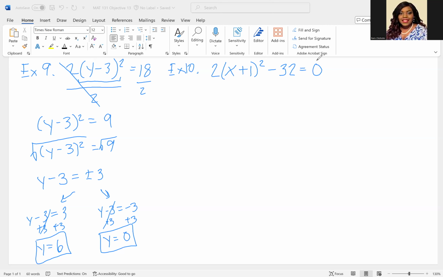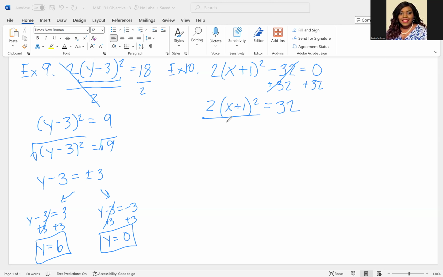So for this problem, we're going to have to move the 2 and the negative 32. So we will start by adding 32 to both sides. We'll have 2 times (x + 1)² equals 32.